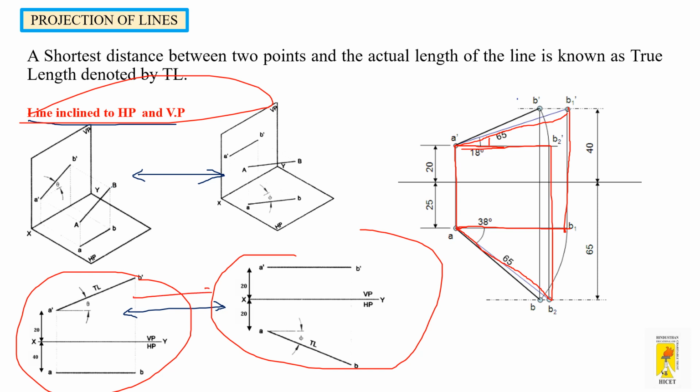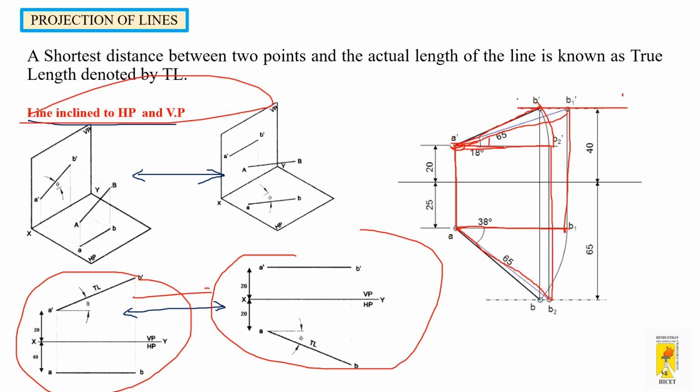So take A dash B2 dash as radius and keep this A as center and cut an arc like this. So it bisects the locus of B dash, and you can just join A dash and B dash to get the front view of the line inclined to both the planes.